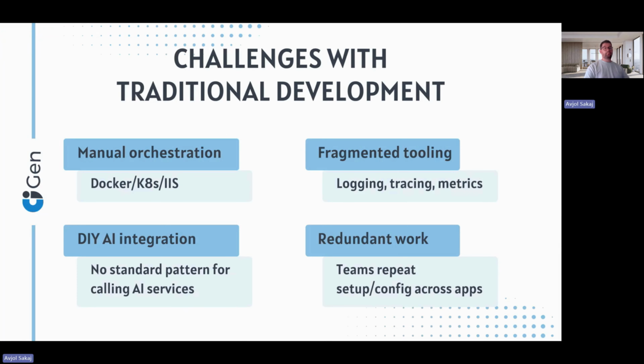So let's cover the pain points with modern applications and development in a real environment. Manual orchestration is not just about containers like Docker and Kubernetes, but there are many teams that still rely on IaaS hosting.